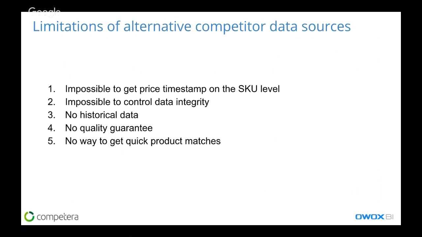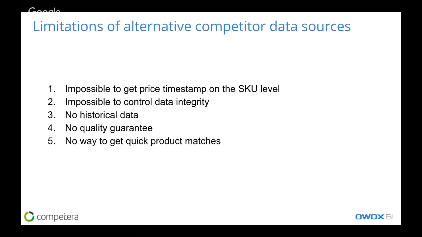The fourth point is that when you're in-house, you do not have a data quality guarantee, and you're bothering with checking whether the data that you're collecting is valid, because it is your profit, and you need to make informed decisions.